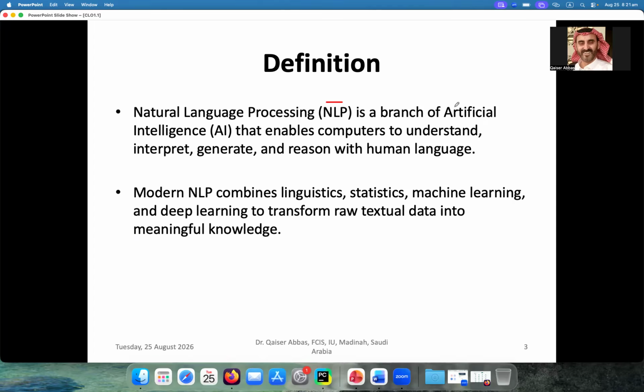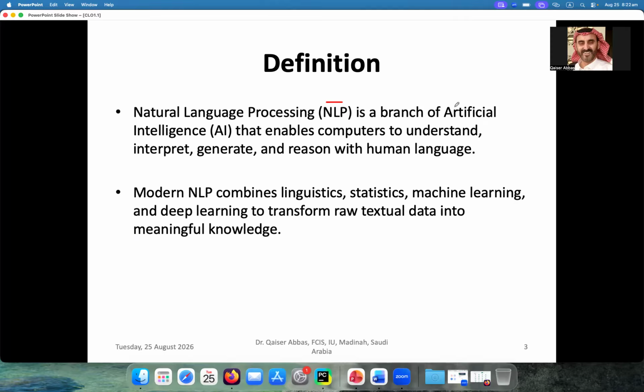One was robotics, the other was expert systems. Later on, NLP became a branch of expert systems. Or in some literature, some people wrote directly that NLP is one branch and the other branch is robotics. But actually, in expert systems, NLP was the first branch.